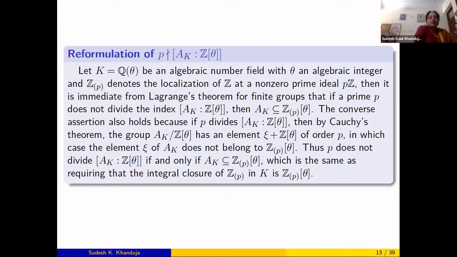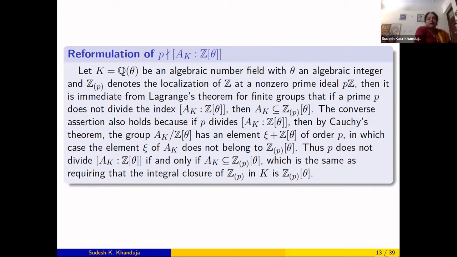The converse assertion also holds, because if p divides the index of the subgroup Z[θ] in A_K, then by Cauchy's theorem for finite groups, the group A_K/Z[θ] has an element ξ + Z[θ] of order p, in which case the element ξ of A_K does not belong to the ring Z_(p)[θ].